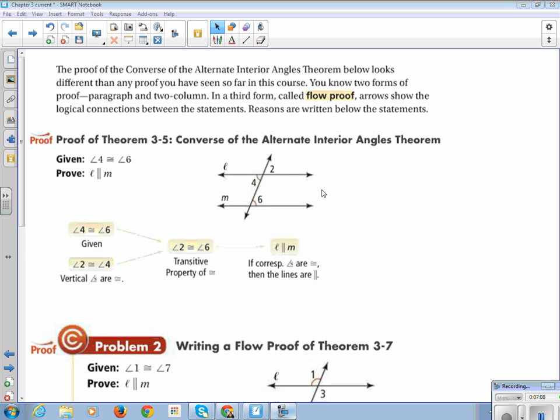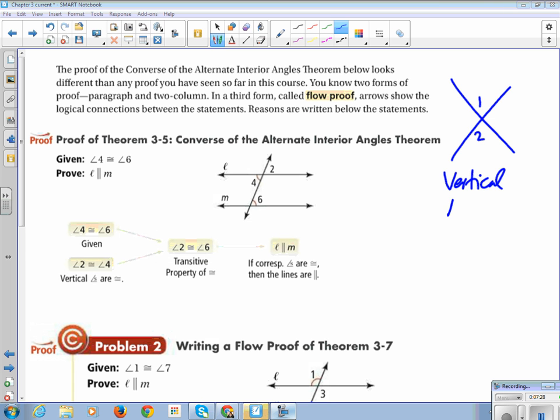And angle 2 is congruent to angle 4 because vertical angles are congruent. Remember yesterday when I had you write down the vertical angles theorem, where vertical angles are congruent?